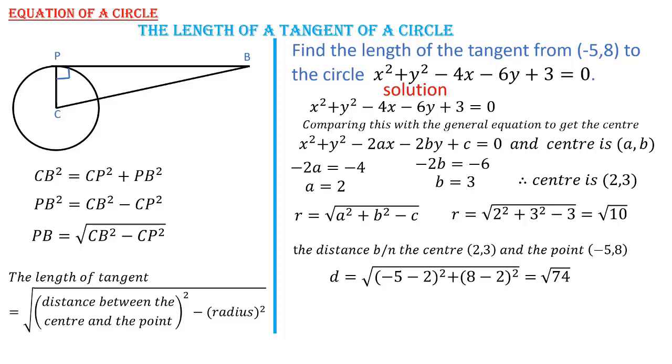Now we know the radius and our distance. So the length of a tangent is root of 74 minus 10, because this root will cancel the square. So 74 minus 10 equals square root of 64. The square root of 64 is 8. So therefore, our length of the tangent is 8.